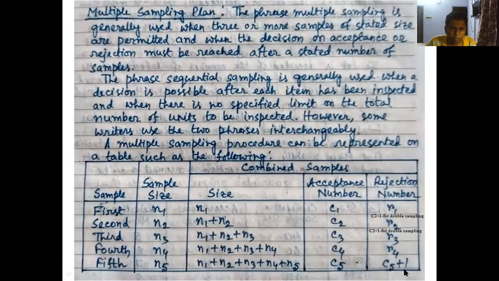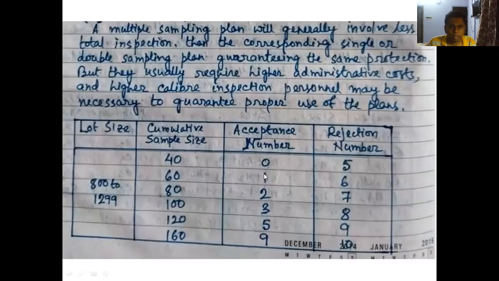In multiple sampling, the final rejection limit will be C5 plus 1. In the case of multiple sampling, the scenario is different. Here you can see an example: the acceptance number in the first case is 0 and the rejection number is 5. In the second sampling, the acceptance number is 1 and the rejection number is 6.